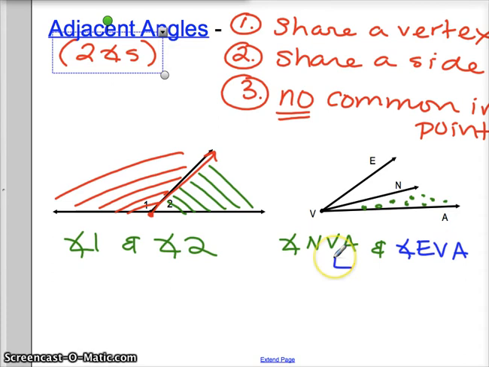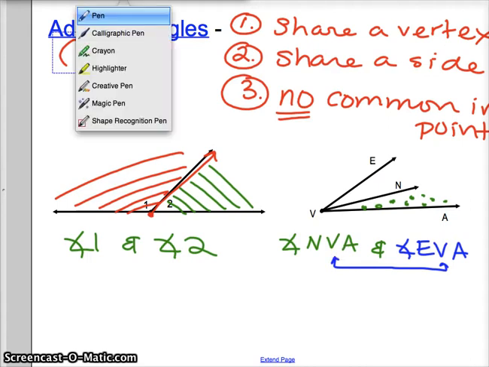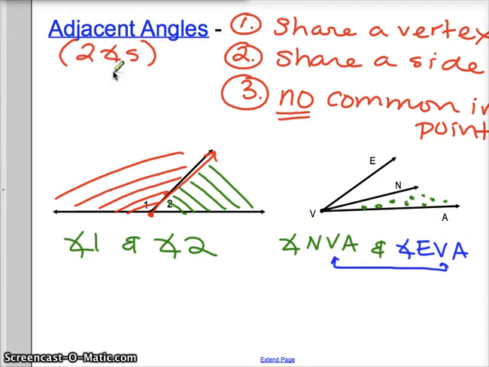I can look right now and see, hey, they have the same vertex. I don't even need a diagram for that. They actually also have the same side. And I don't need a diagram for that either, because I see VA, I see VA, and here's that shared side. So it takes care of 1, it takes care of 2. That third condition is that they cannot overlap. The angles cannot share the same interior space.